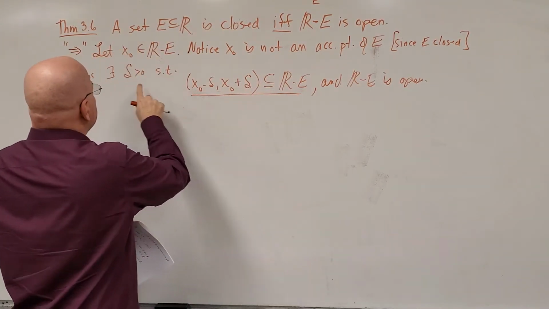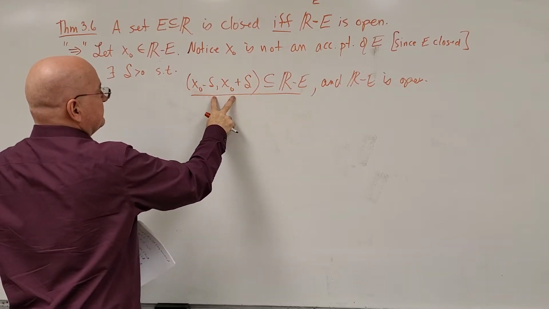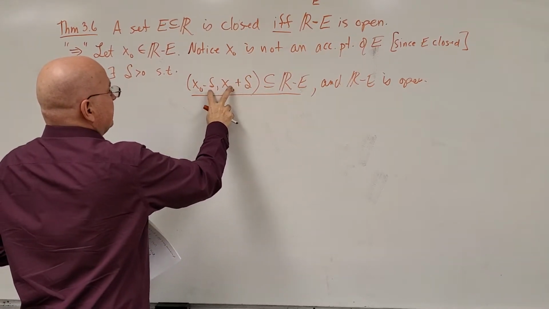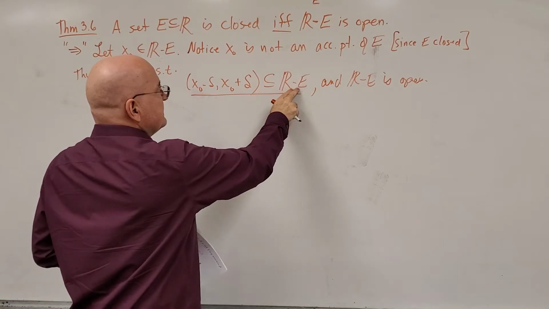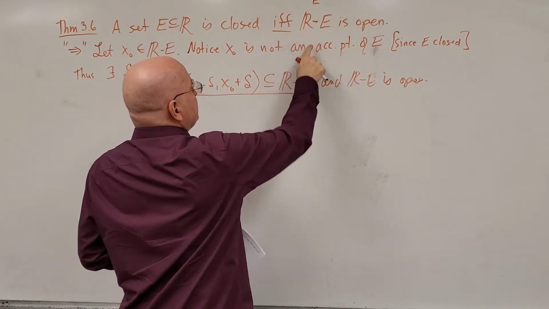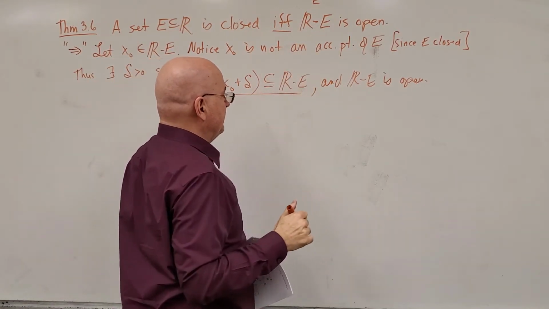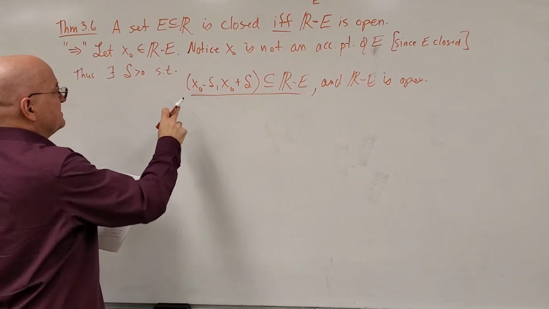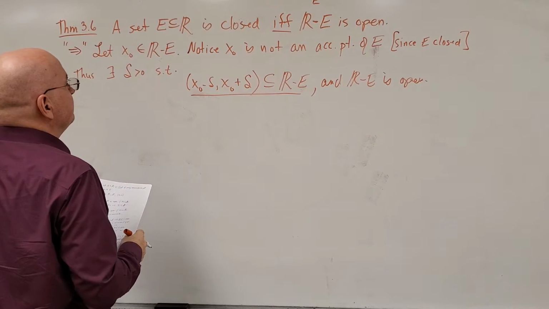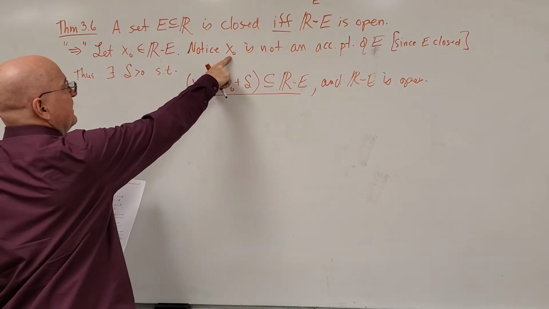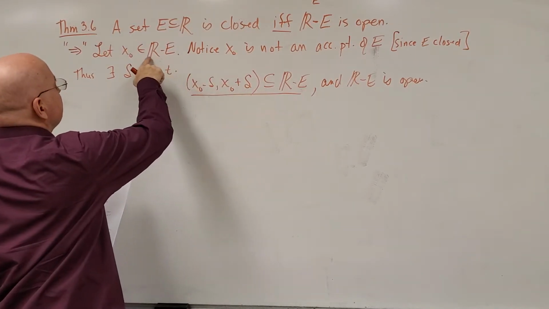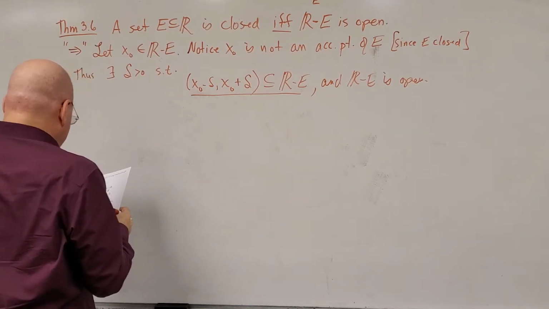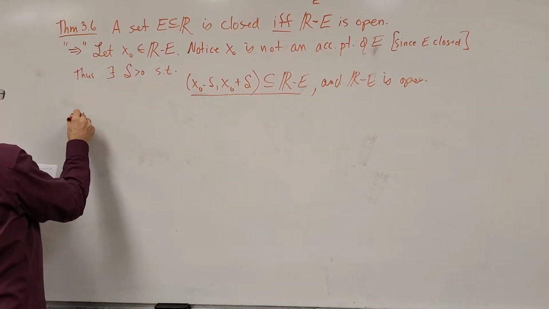We found the neighborhood of x naught, we call that a delta neighborhood, that's completely contained in R minus E. Therefore, it's open. X naught, again, was chosen arbitrarily, so this would be true for every single point chosen from this set. That's the end of that direction of the proof.